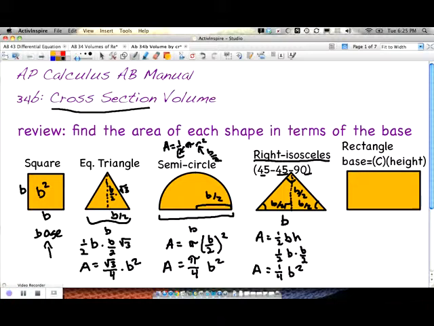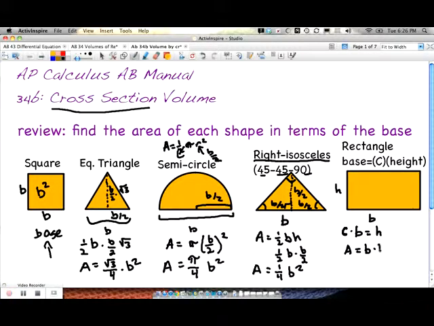Sometimes you'll have a rectangle as well, where the height and the base are related by some type of constant. So let's say here's our base and here's our height, but the height equals some constant times base. Whether it's a fraction or a whole number greater than 1, it doesn't really matter, but there's some type of relationship.